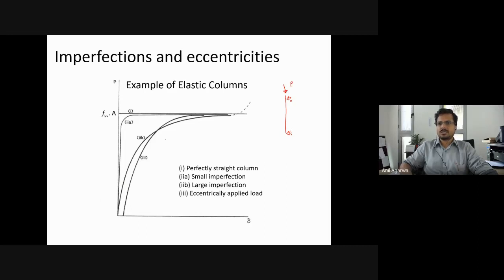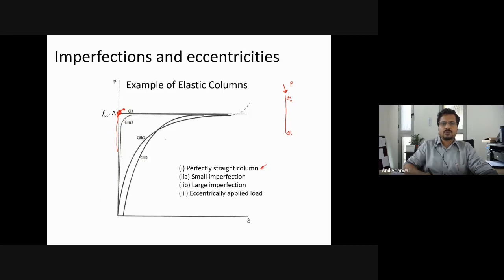As load P is applied, for a perfectly straight column, the behavior would be following this line exactly, the line that you can see, the vertical axis. And then at some point, suddenly the buckling will happen. And this point is called the point of bifurcation. And this kind of buckling is called bifurcation buckling.